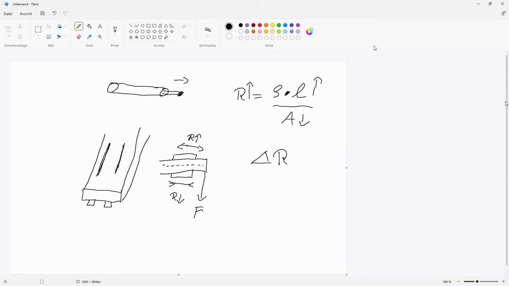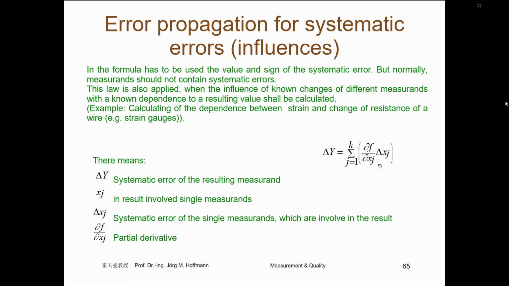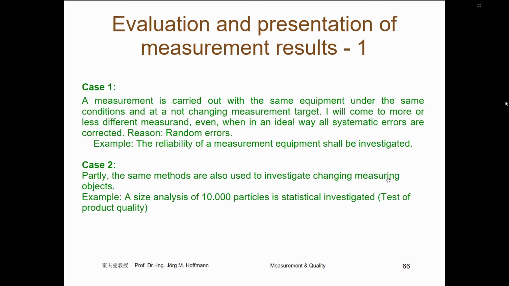But for error propagation, it is not important because a systematic error you should correct and not calculate the propagation. So, yeah, the example with the strain gauges I have skipped because it is a long calculation.